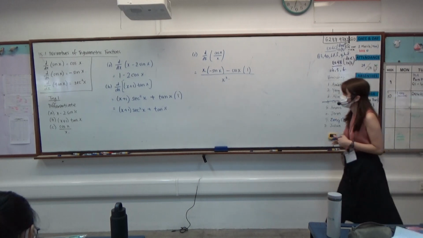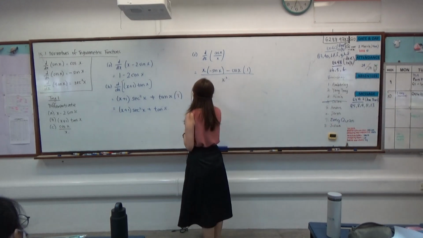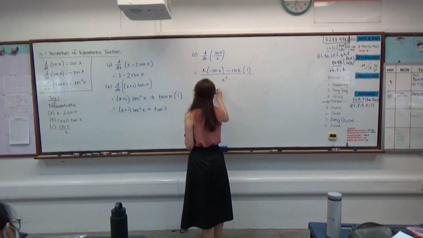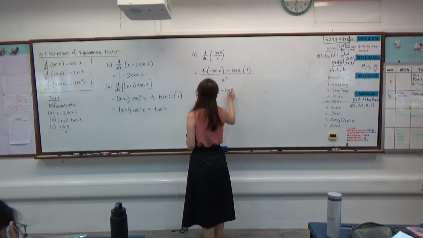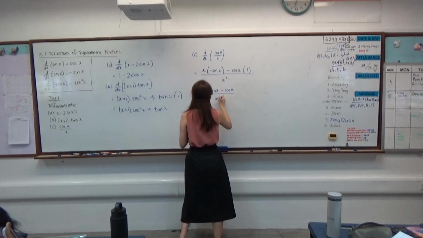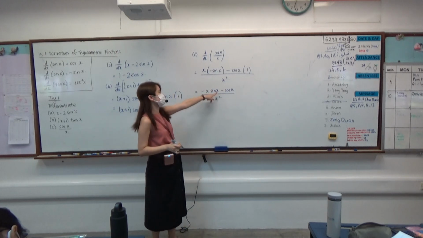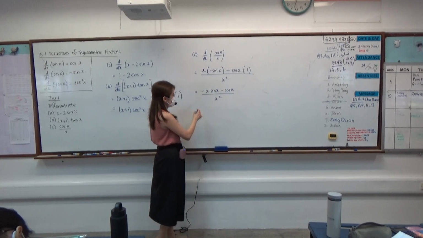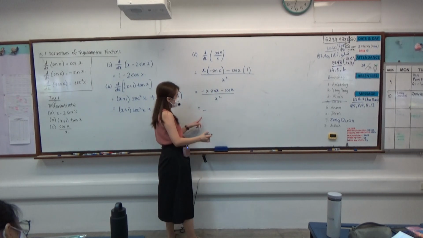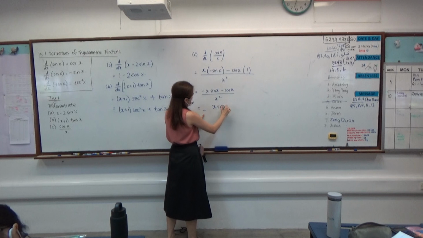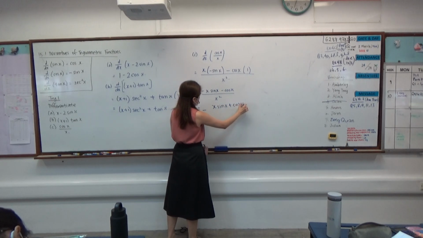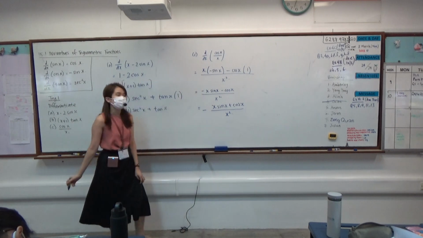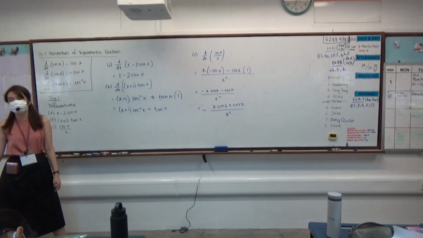So simplify this. We have negative x sine x minus cosine x. Since there's a negative on both of the terms in the numerator, we can take it out by factorizing. So we get negative x sine x plus cosine x over x squared.